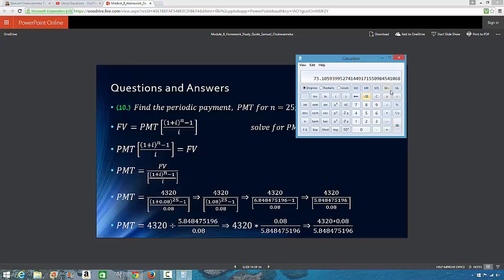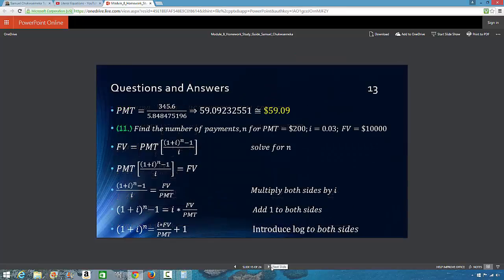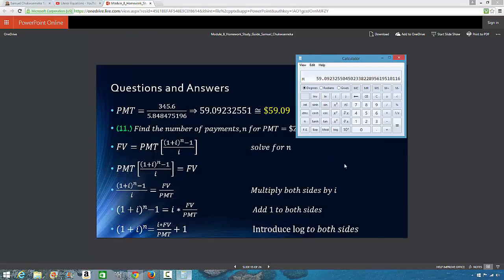So let's save this as memory. Press M+ to save it as memory. And then 4320 divided by recall memory equal to. So you have $59.09. The way I did it like fractions. Maybe I like fractions. So you have $59.09. Okay.